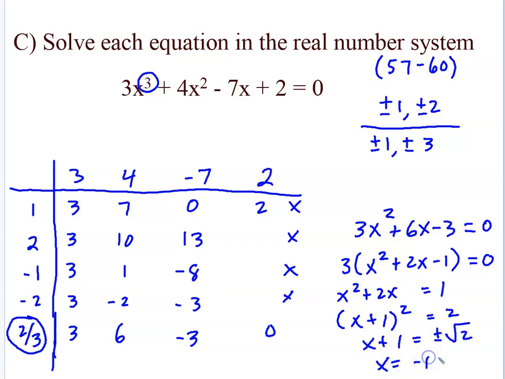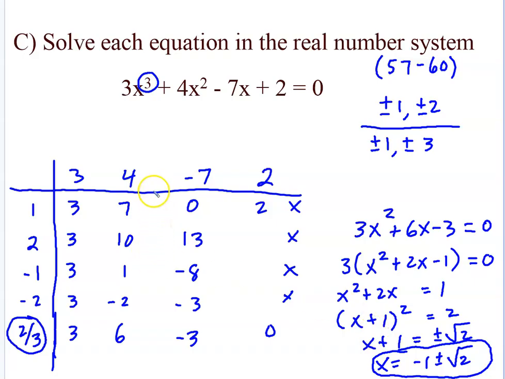So the other solutions are negative 1 plus or minus the square root of 2, and you'll just leave these answers in exact answer form. So I set out to find 3 solutions, roots, and here they are. 2/3, that's 1, and then this represents 2 because it's adding and subtracting.